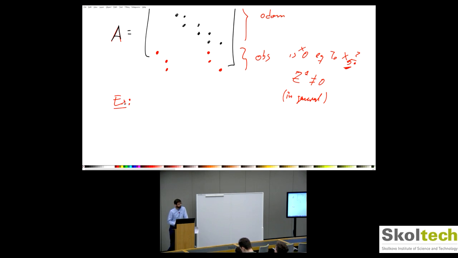This is another way of looking at it, right? So you could have this kind of system of one odometry and then another odometry. Effectively, it's the same thing, right?